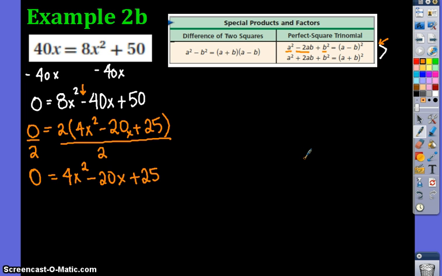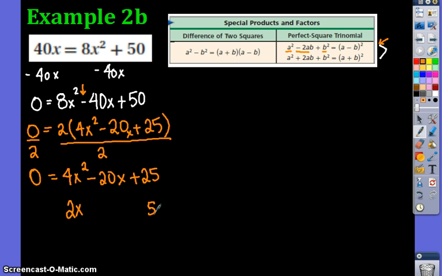Well, what do I need to multiply by itself to get 4x squared? The answer would be 2x. If I square that, it would go back to equaling 4x squared. And then what would you need to multiply by itself to get 25? That would be 5. All right, so that's our a and our b. Our a is 2x and our b is 5.